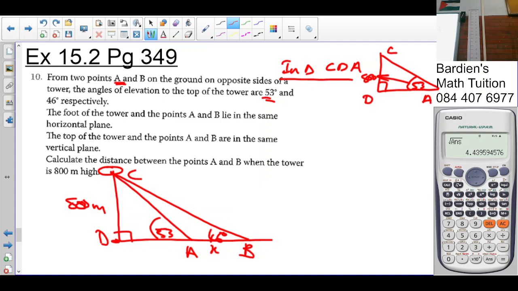With that we'll be able to calculate AD. In the right-angled triangle CDB, the big triangle, we will be able to calculate BD. So if we have AD and BD, how are we going to calculate AB? By subtracting BD and DA. Not so?